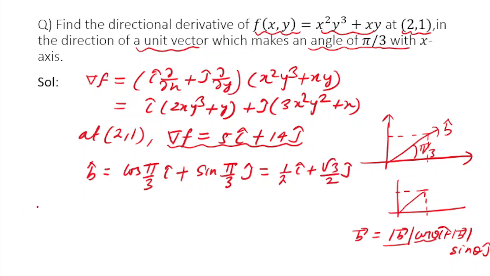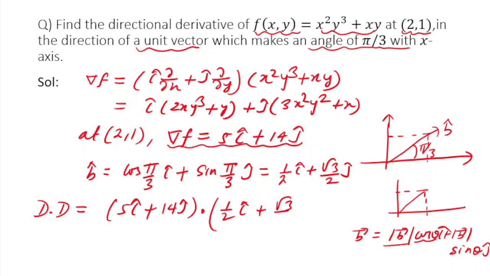So if I write the directional derivative, let me write it dd, d for directional, d for derivative. So dd is equal to the dot product of 5i cap plus 14j cap and half i plus root 3 by 2 j. So the dot product: 5 into 1 by 2, that is 5 by 2, plus 14 into root 3 by 2.